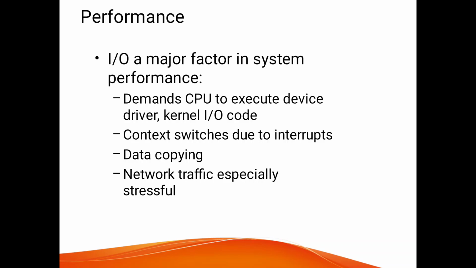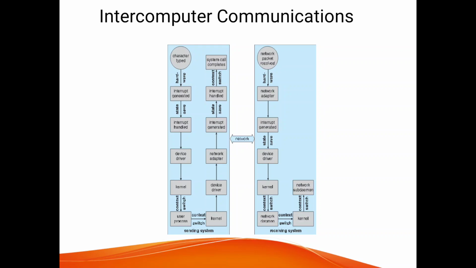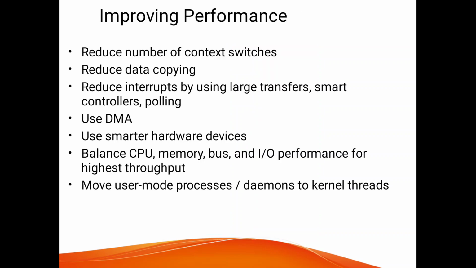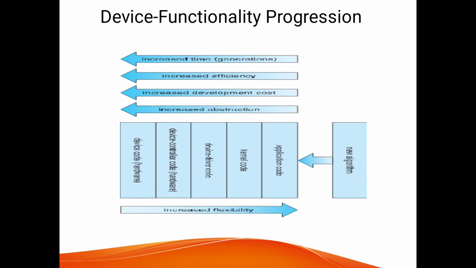Network traffic is especially stressful, so intercomputer communication is handled seriously. To improve performance, reduce the number of context switches, reduce data copying, and reduce interrupts by using large transfers and DMA, which is used for large amounts of transmission. Use smarter hardware devices, balance the CPU, and move user mode processes.